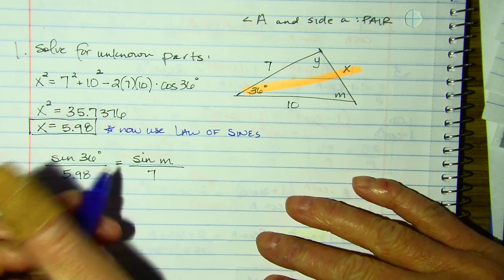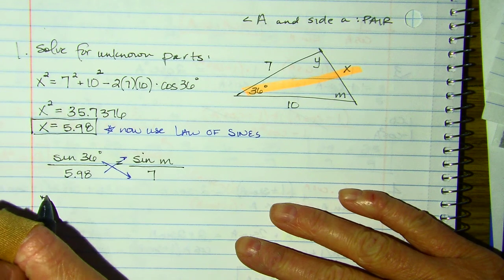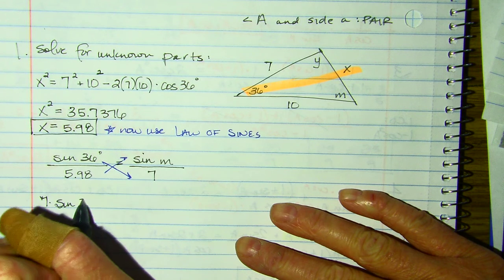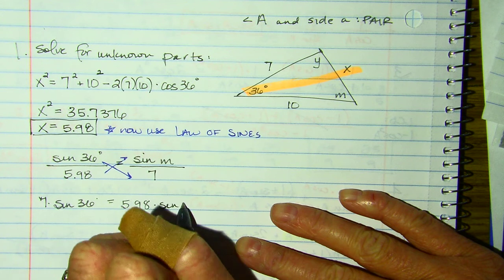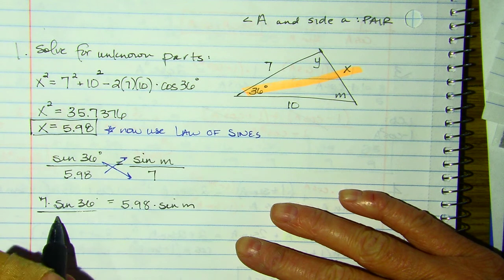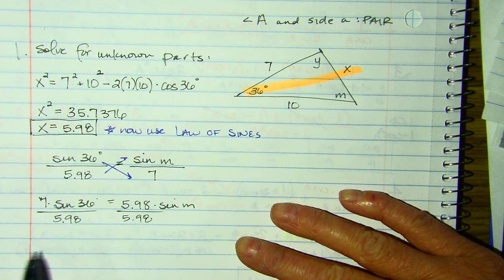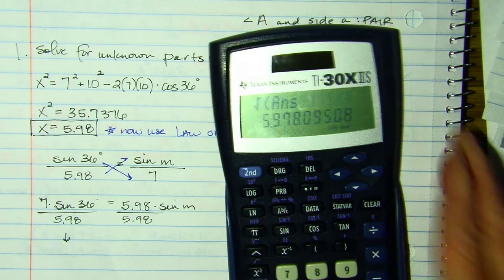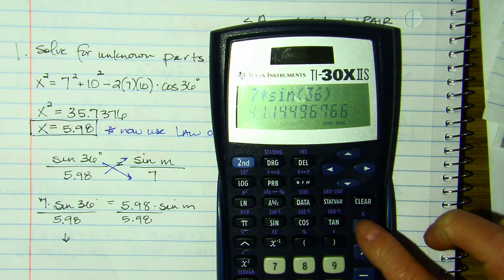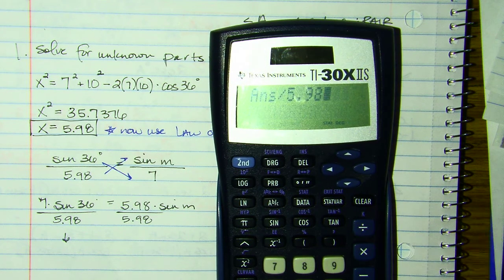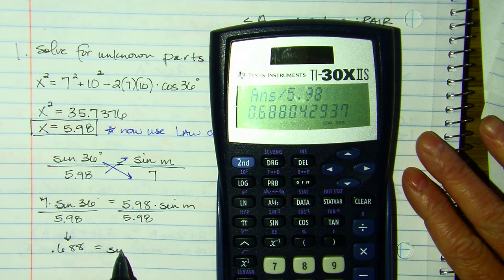So to solve this, I cross multiply. So 7 times the sine of 36 degrees will equal 5.98 times the sine of m. And so I'm going to divide both sides by 5.98, right, to solve. And so I'm going to enter this in my calculator. 7 times the sine of 36, and then divided by 5.98, I get 0.688 equals the sine of m.